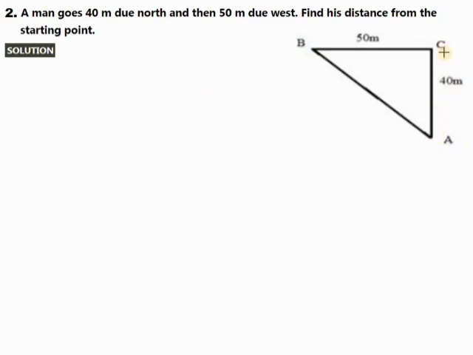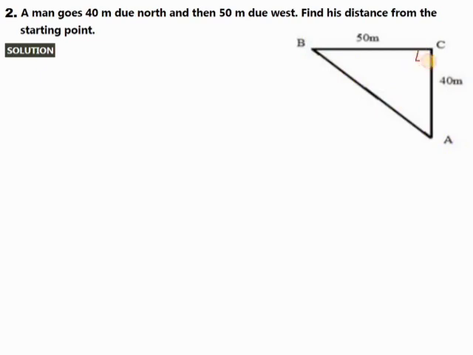After moving 40 meter, you have to move 50 meter west. So you have moved 50 meter west and you have reached B. Now you have to find his distance from B to the starting point. That is, you need to find this.